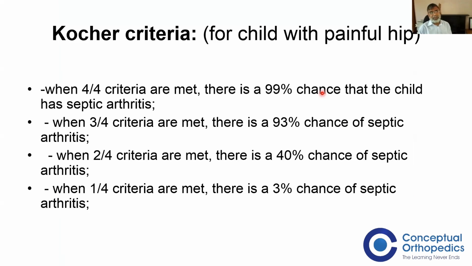So even if ultrasound is not available, I would like to take this child to theater, and I would like to wash this hip joint, and that's a very good pass for a candidate to say.